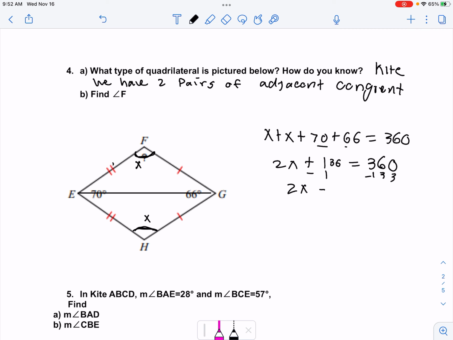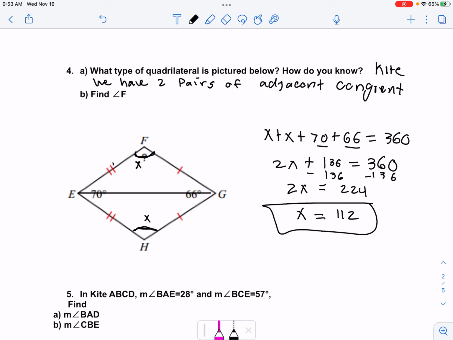All I did is I added these two, and I just added wrong on the video. Bummer. Adding is hard, okay? So when you subtract 136 from 360, what you get is 224. And then dividing by 2, 224 divided by 2 is 112. Okay, and that is what F is.